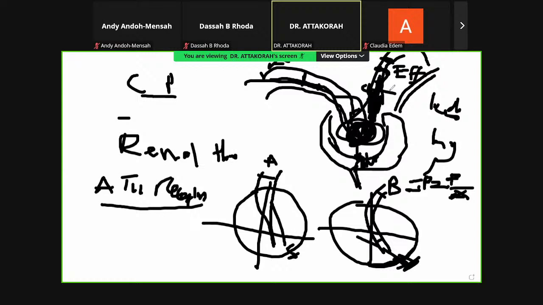Therefore, the essence is that when we have AT2, this AT2 would also, in a way, narrow the efferent artery. When you stimulate the AT2 receptors, it will further narrow what? The efferent arteries, to also increase the glomerular pressure or the capillary pressure.